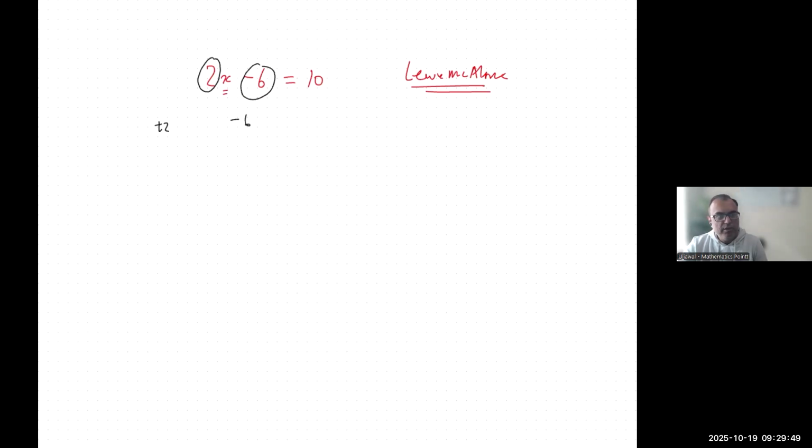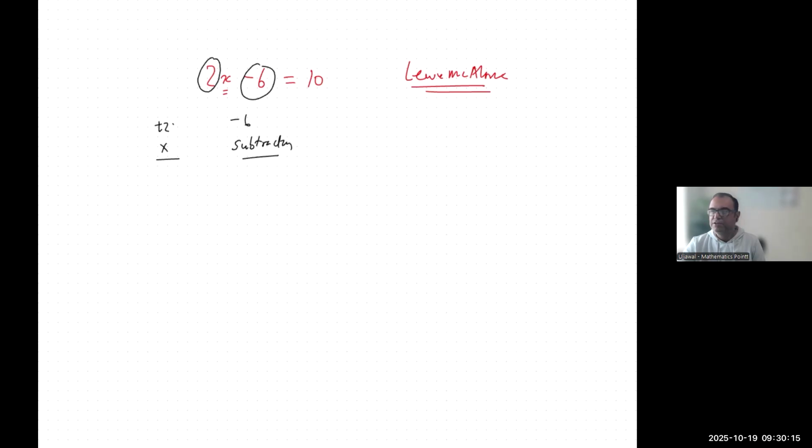The positive 2 is a multiplication to x, and a 6 is a subtraction to x. Now, I need to get rid of these two numbers in order to leave x all alone on the left-hand side, and hence solve its value.